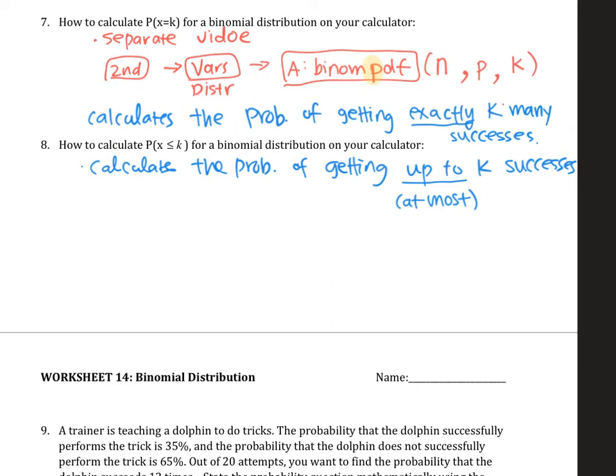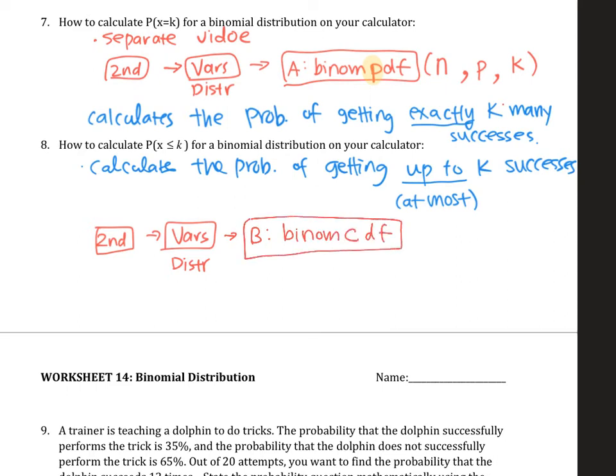And our calculator function key is very similar. We'll do second, we'll do vars, which is the distribution. And then we'll select B, binomCDF. And then again, we'll input N, P, and K. So it's almost the same as before. Here, instead of picking binomPDF, we're using binomCDF.